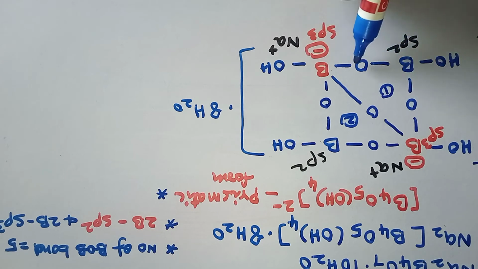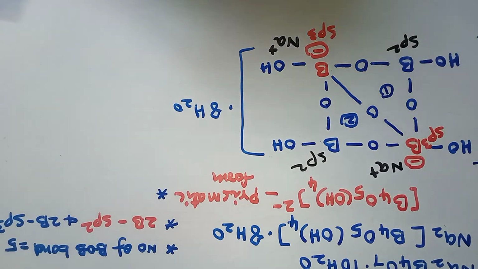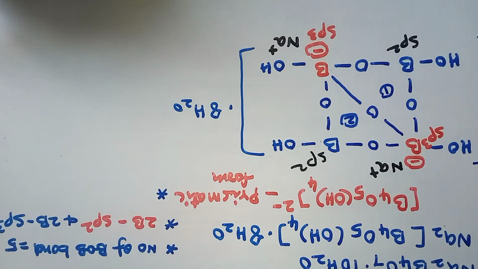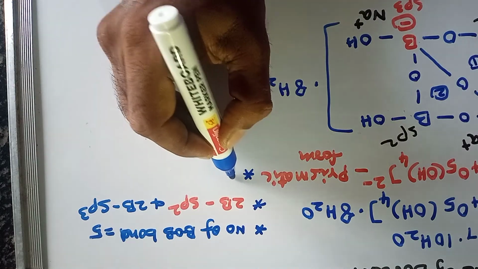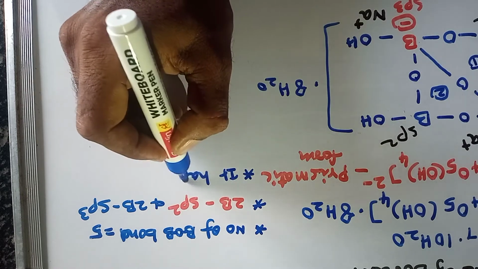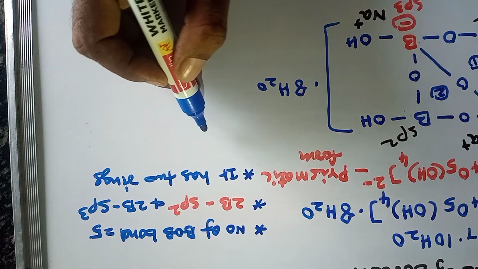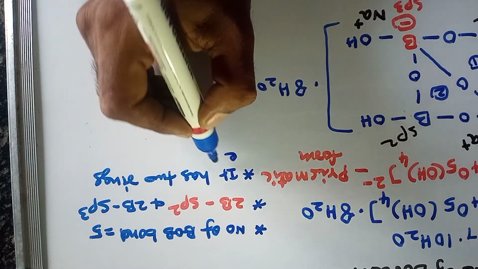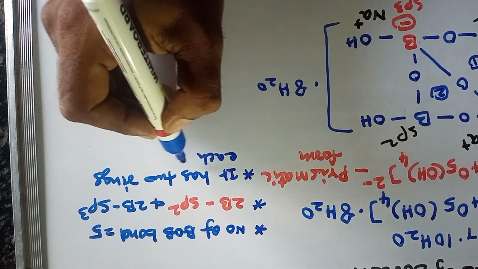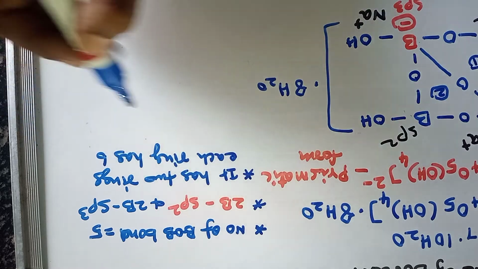Each ring has 6 members: 1, 2, 3, 4, 5, 6.